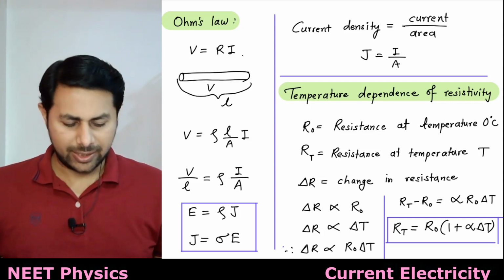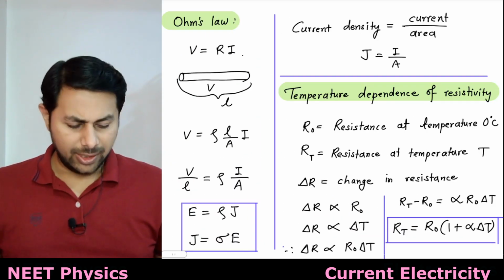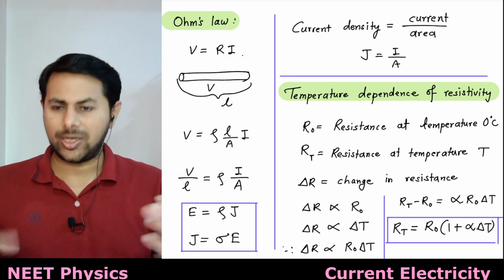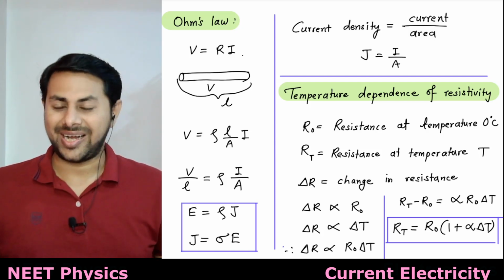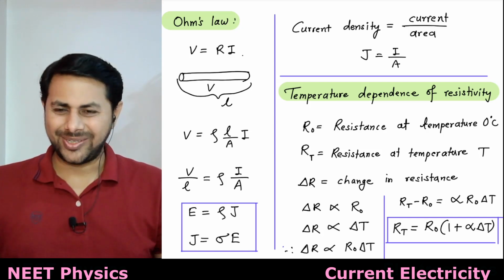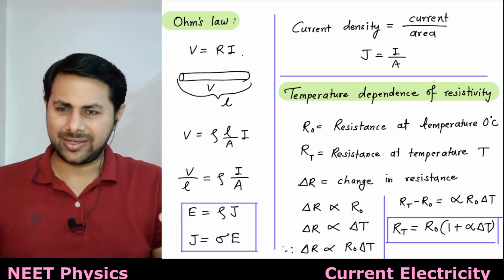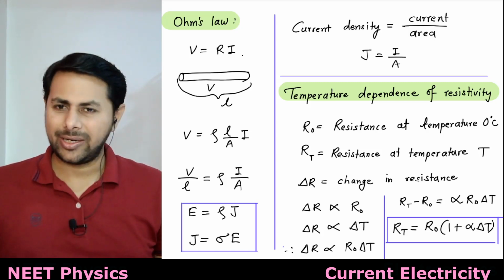The reason for that is in semiconductors, atoms are forming covalent bonds and the electrons are inside the covalent bonds. Now when you increase the temperature, a few electrons will gain some energy to come out of the covalent bonds and they will be available for conduction.